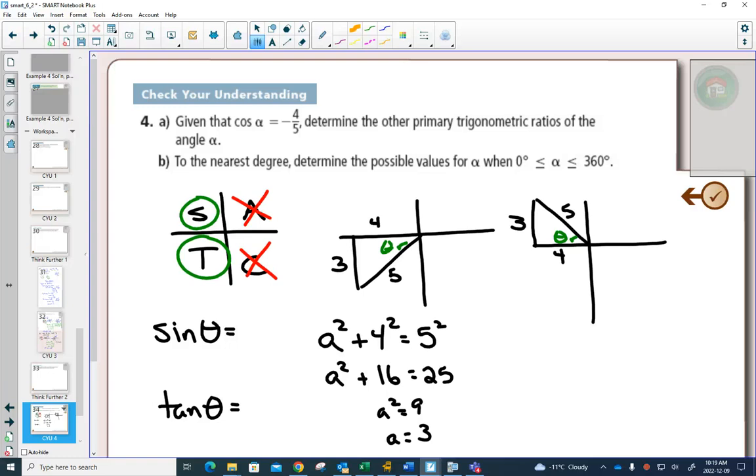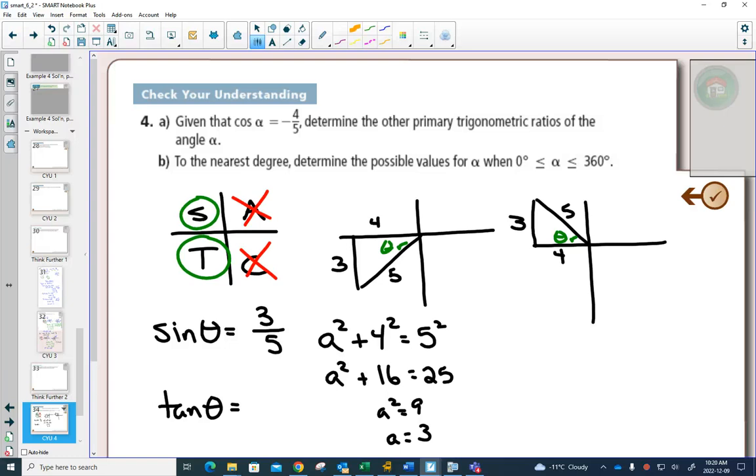So we go to our reference angle, and if I look at opposite over hypotenuse, can you see for both of them, it would be 3 over 5. Should it be positive or should it be negative? That's our question. Because we don't know what alpha is.